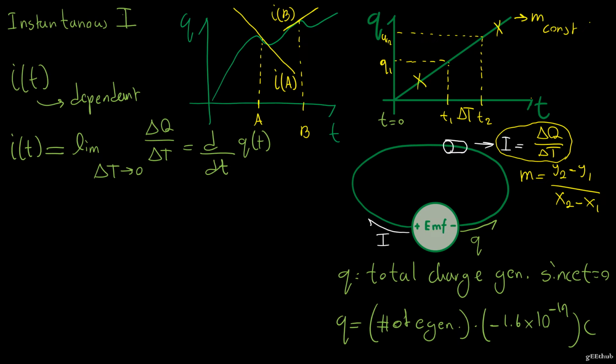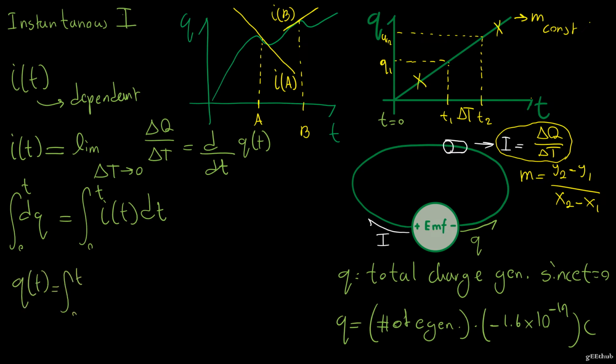I'm going to multiply both sides by dt, and that's going to give me dq is equal to i dt. Now I'm going to integrate both sides from 0 to t, and this is going to give me that Q of t is equal to the integral from 0 to t of i dt, with an initial condition, which we said that at time 0 we're connecting the EMF, nothing has happened. For now we're just going to assume this is 0.